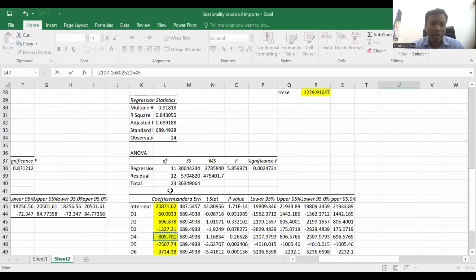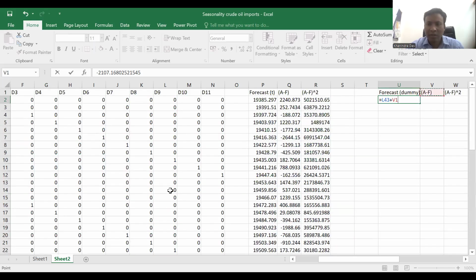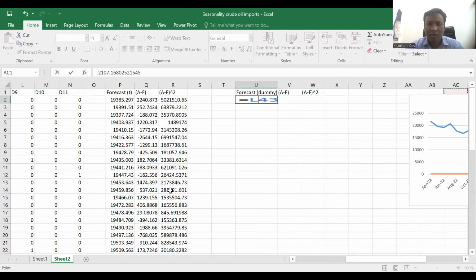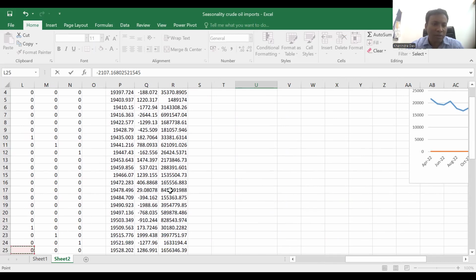So intercept plus, what is next? Next is my next coefficient, right?